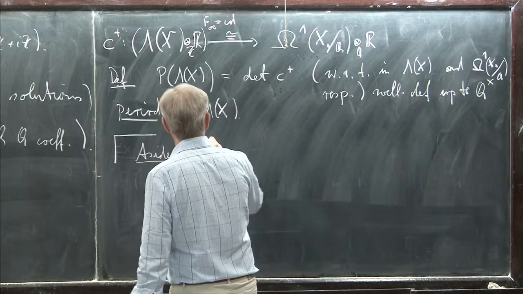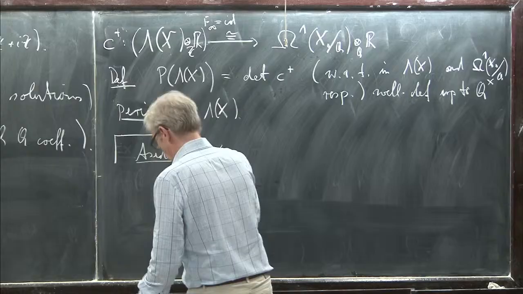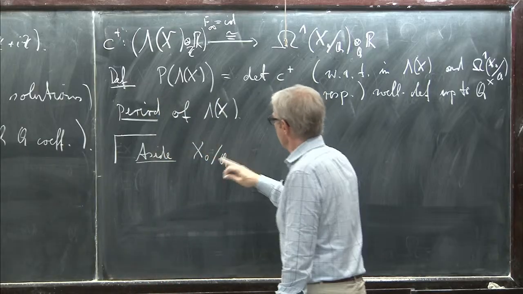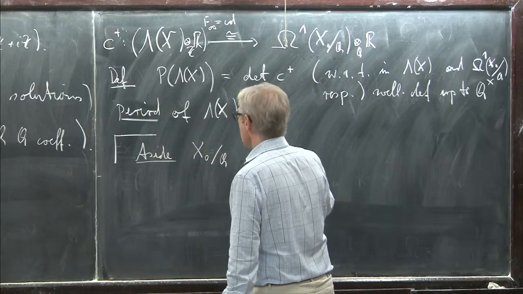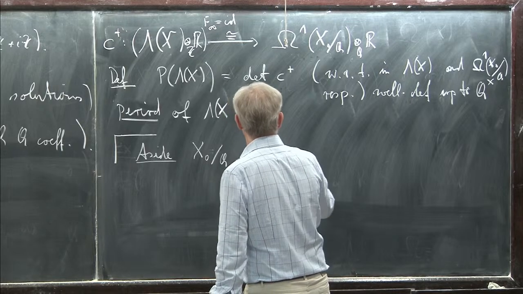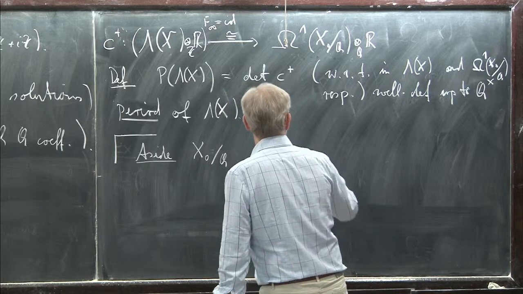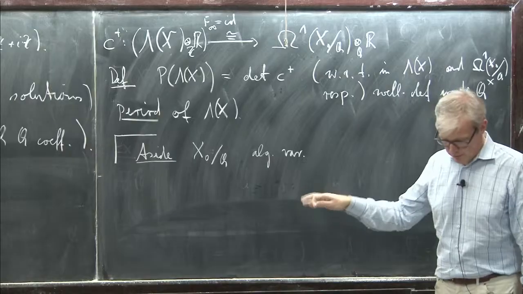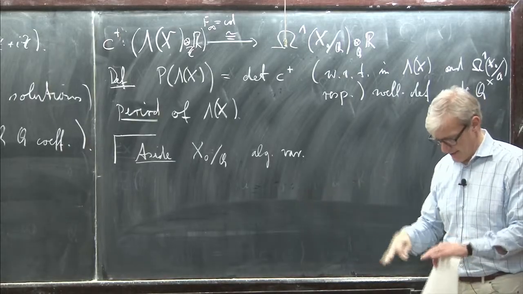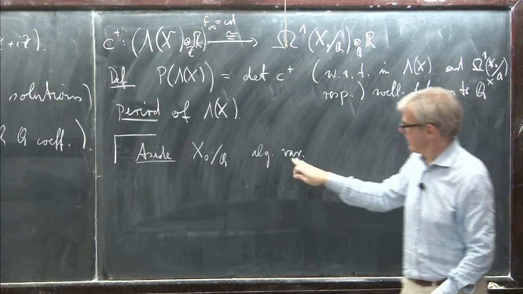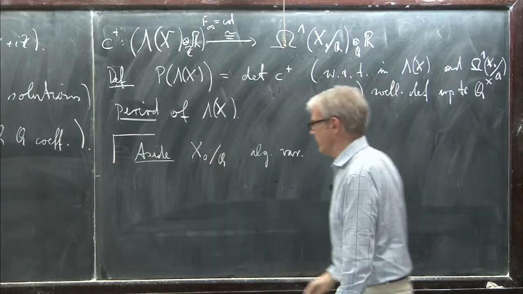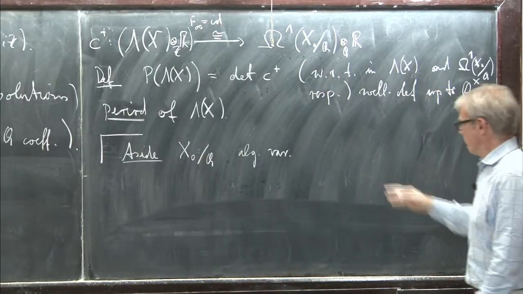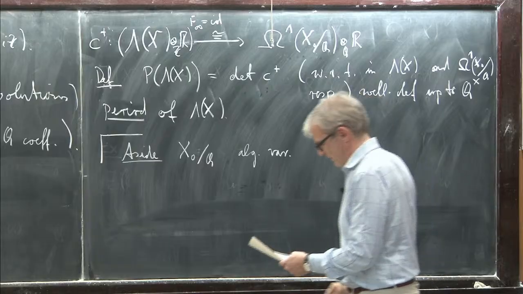So let now X0 be any algebraic variety. And I'm not so precise about smooth and proper here, because everything is even more complicated in reality, and I can ignore these questions. To understand what comes in, this suffices.